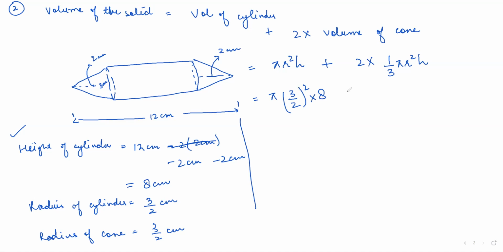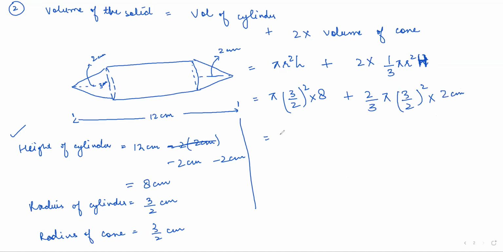Okay. And plus 2 by 3 into pi, and then this is 3 by 2 whole square. So this h you can put capital H or something else, or h dash, because it's not the same thing. Understood? Yes, ma'am. If you are denoting this by small h, denote it by something else. Now this capital H is 2 centimeters. So that was the mistake.